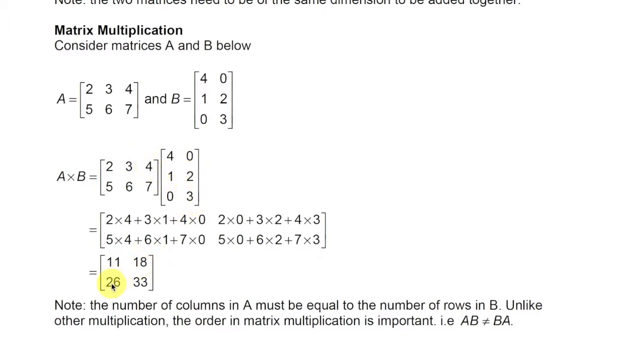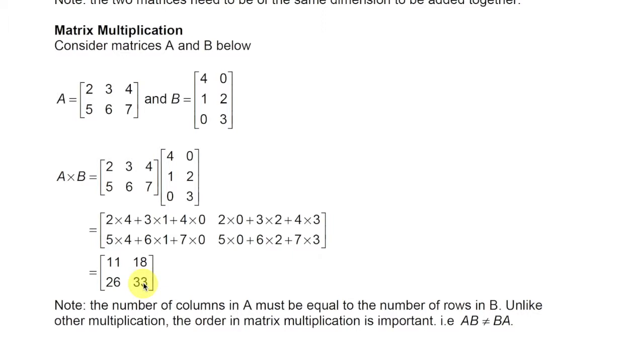How did I get the 26? Well, it was the second row by the first column, so 5 times 4 plus 6 times 1 plus 7 times 0. And the 33, well, that was going to be the second row multiplied by the second column, so 5 times 0 plus 6 times 2 plus 7 times 3.